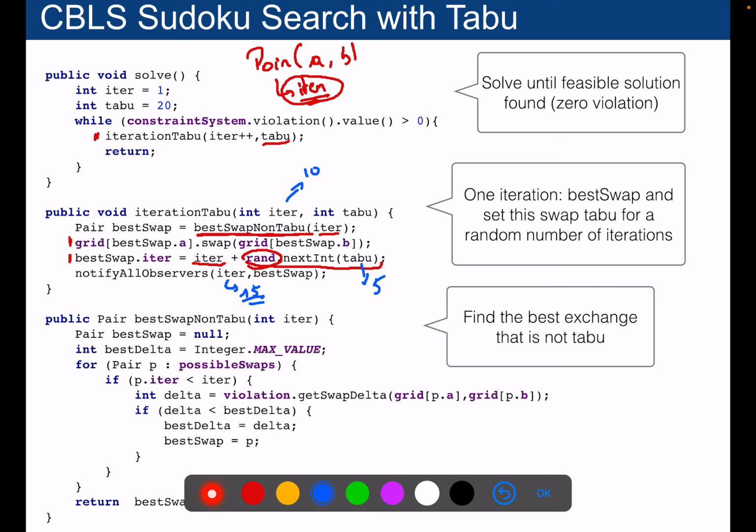And so when you select the best swap, of course, you will consider the taboo that you have stored inside the pairs. So you will consider all the possible swaps, but only the ones that have a stored iteration number that is less than the current number of iteration. So if that one, for instance, here is 15, it means that you can only select it starting from iteration 15, and if the current iteration number is 11, then this move is taboo and it will not be considered by this procedure that is looking for the best swap that is not taboo.